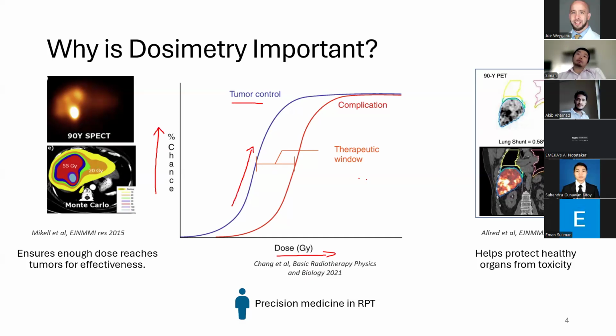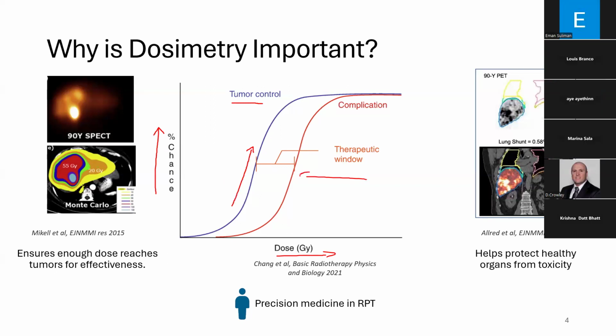At the same time, the red curve is the chance of normal tissue complication. So as you increase the dose, you increase the chance of both killing the tumor and damaging the normal tissue. That's why it's important for us to calculate the dose so that we can optimize the treatment planning.